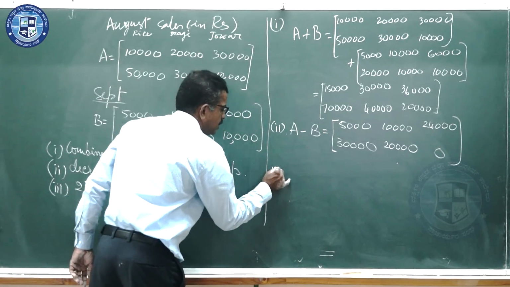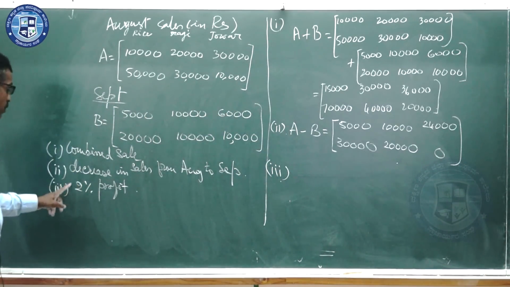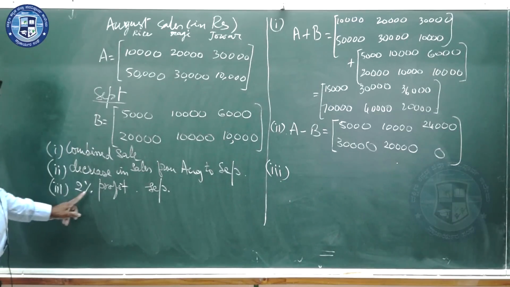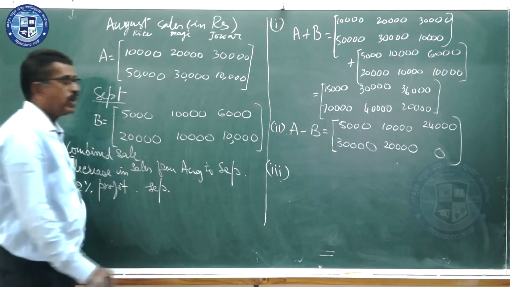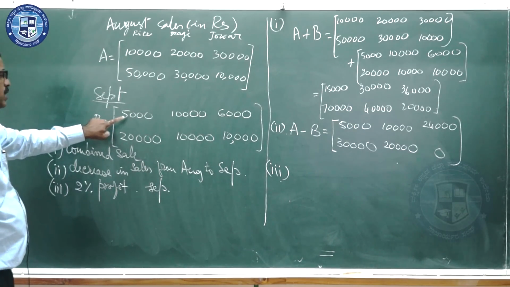And third question, suppose in the month of September they receive 2% profit. What is the September month's sales? This one.